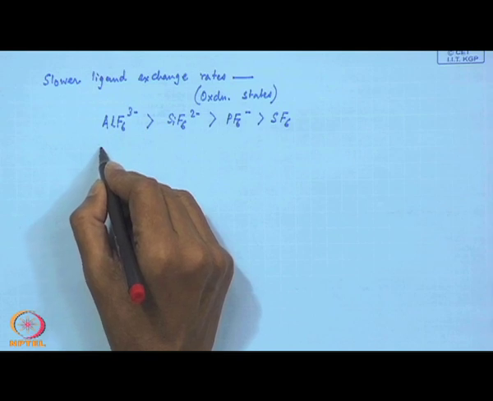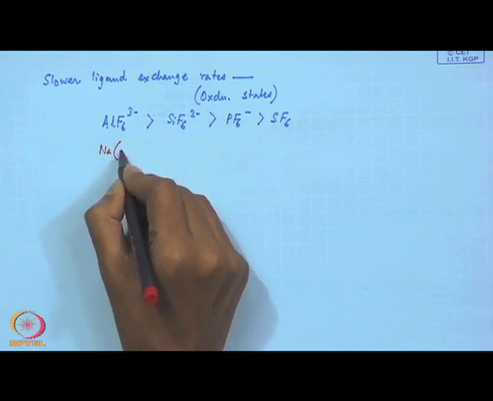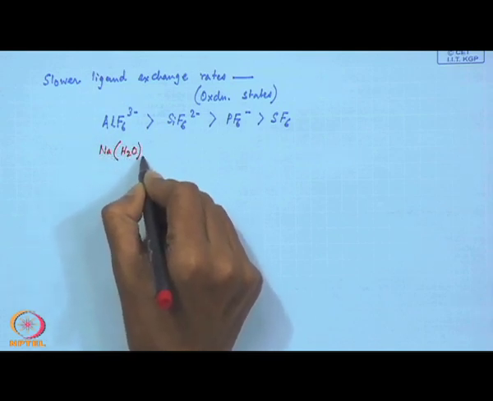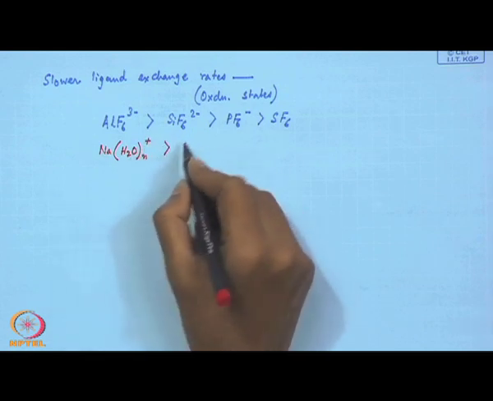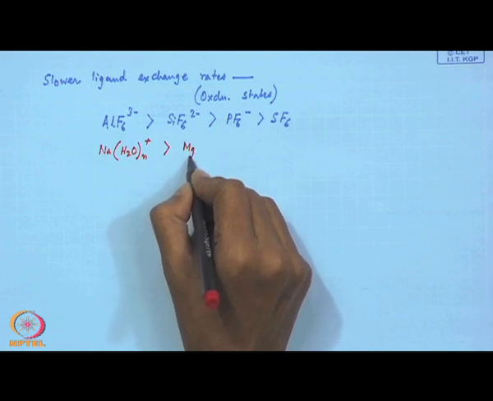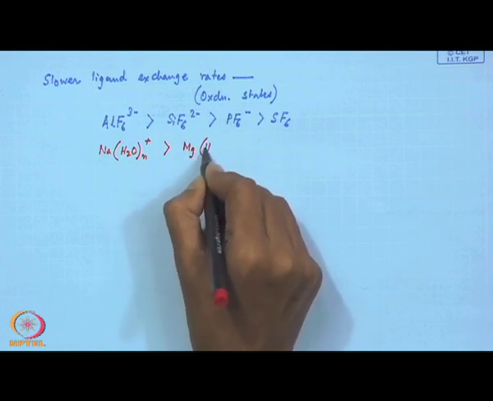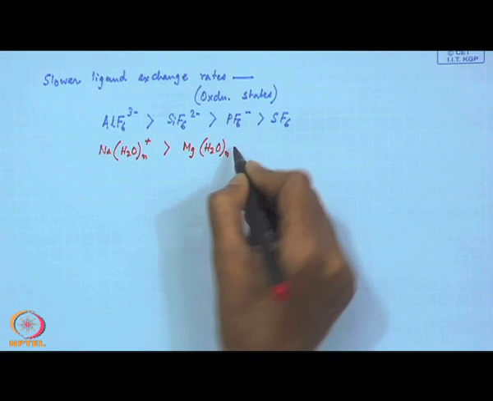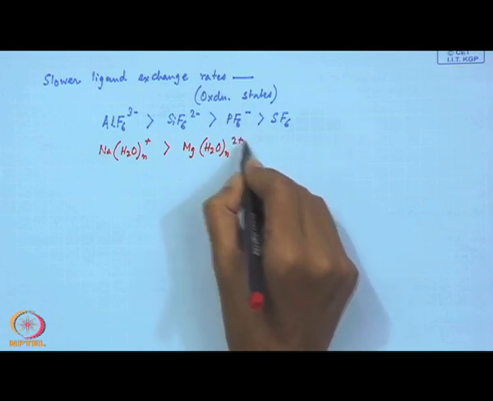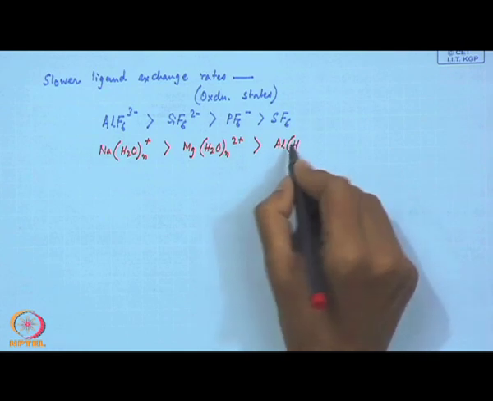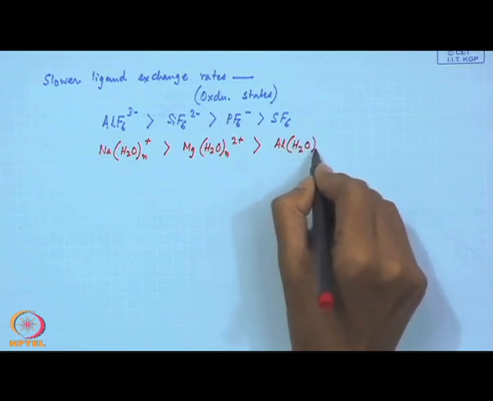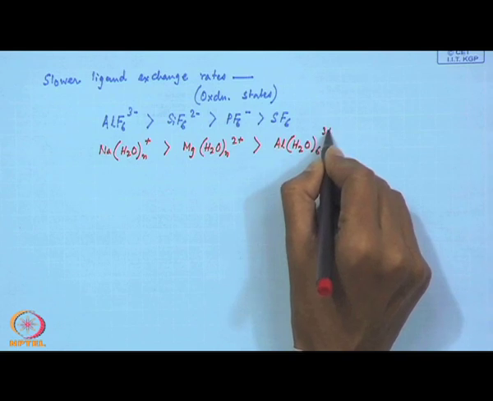Similarly, for the water exchange reaction, this can also change. For monocationic sodium, the rate is higher than that of our magnesium aqua compound, which is bivalent, and which is greater than that of aluminum 3 plus.